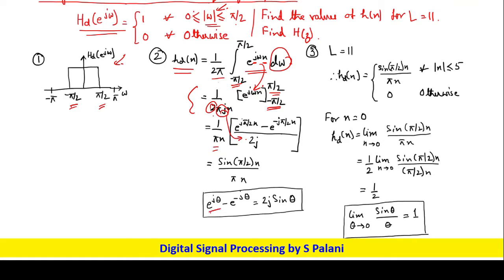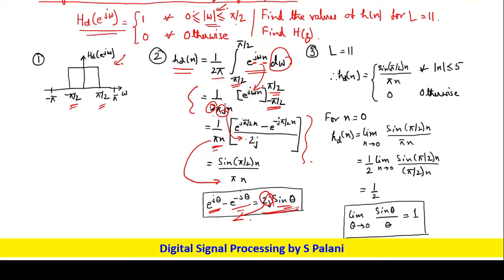If you see e to the power j theta minus e to the power minus j theta, it is equal to 2j sin theta. So if you take this 2j in the denominator, we are getting basically this thing. So what is this? This is nothing but sin theta. And what is the theta? Theta is pi by 2 n. So sin of pi by 2 n divided by pi n, it comes over here. Okay.